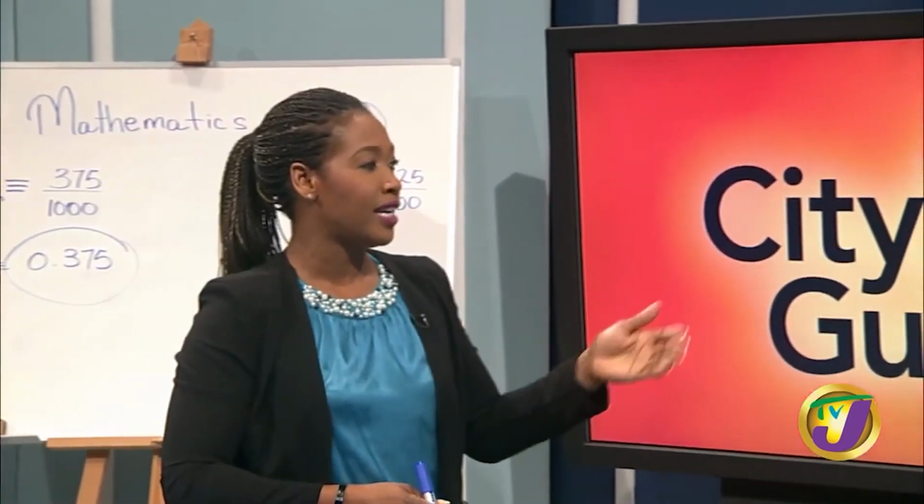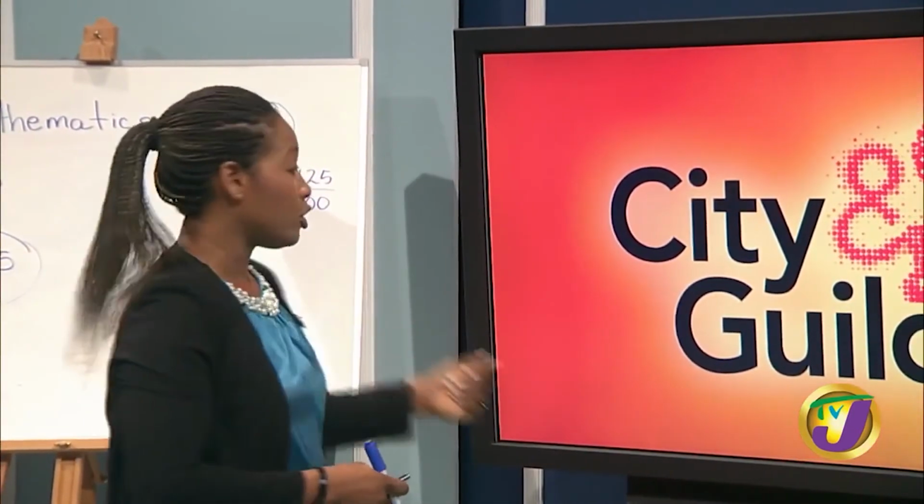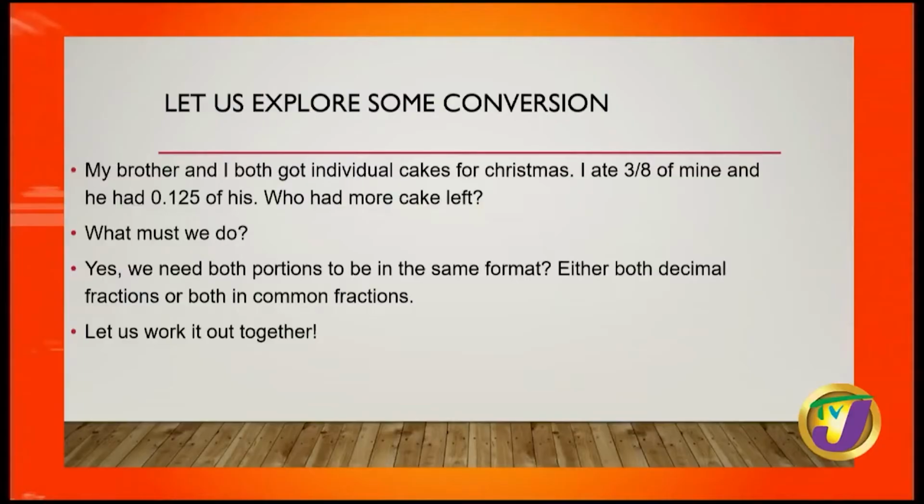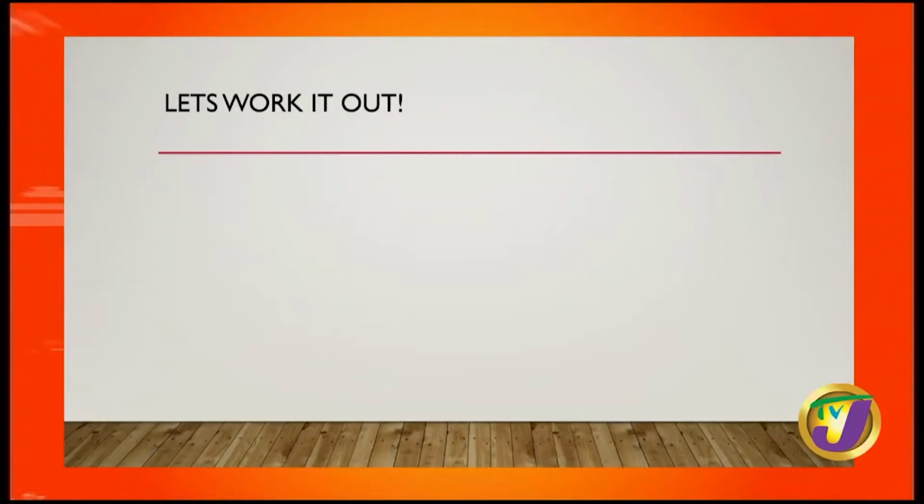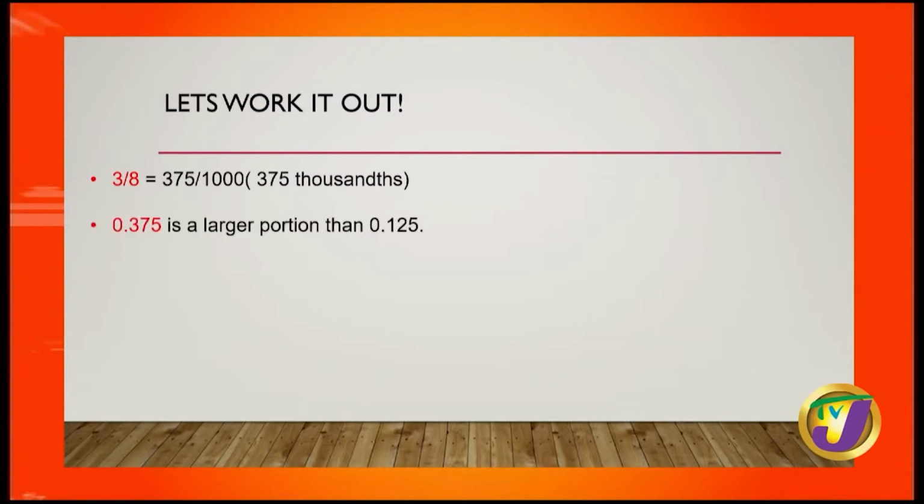We need to make them both, as we just did, decimal fractions, and that's how we did it. So 3/8 is equivalent to 375 thousandths, and we write it 0.375 in decimal fraction format, and here is larger, right?